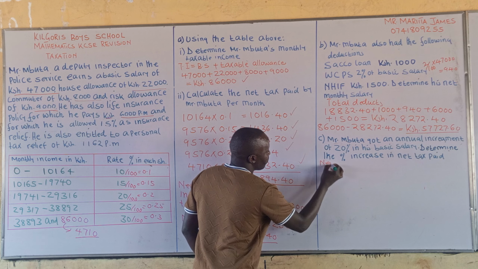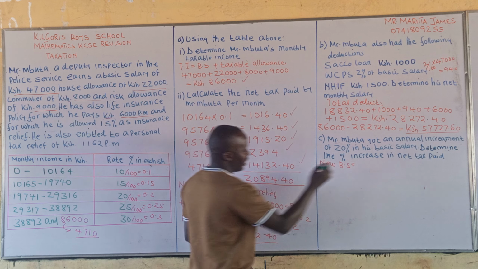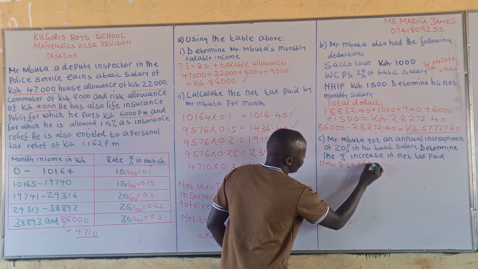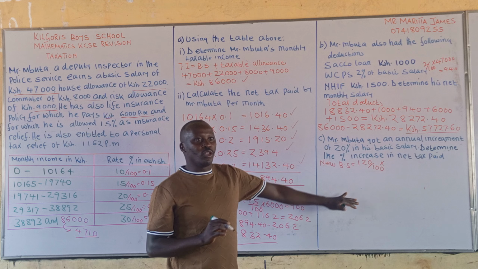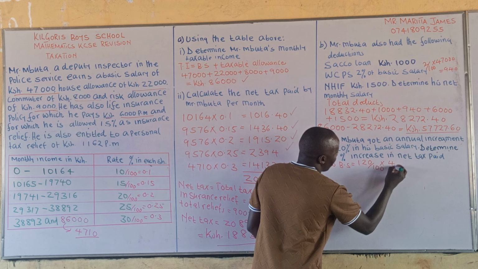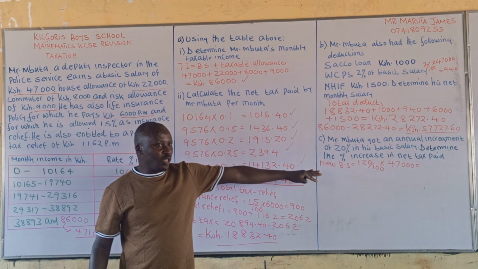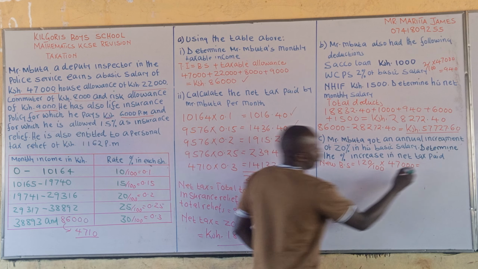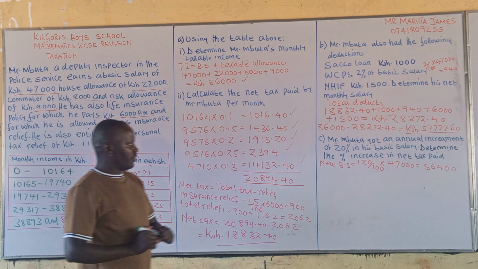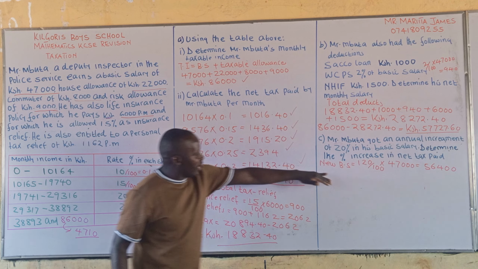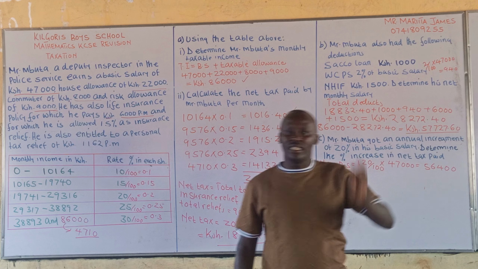The salary has been increased by 20%, so you will have 120 over 100 times the basic salary, which was 47,000. If it was increased by 20%, that is equivalent to 56,400. So our new basic salary is 56,400, and there is also an increase in the income tax.